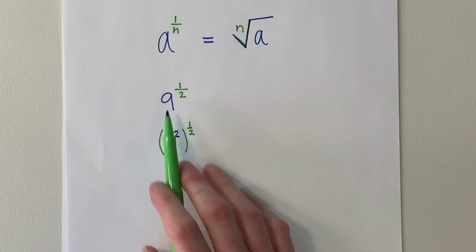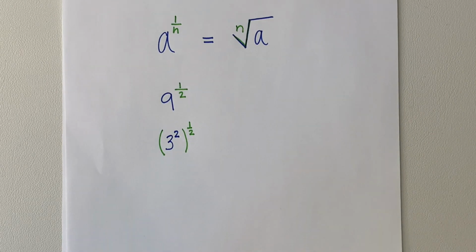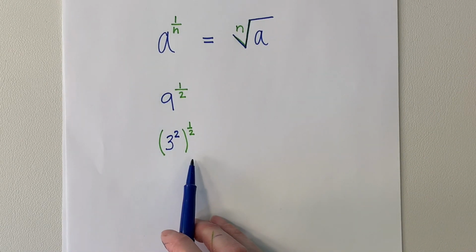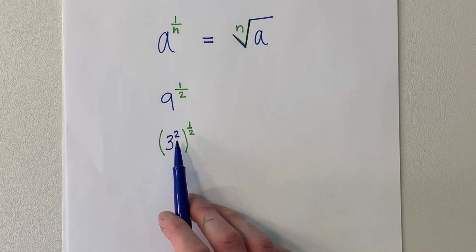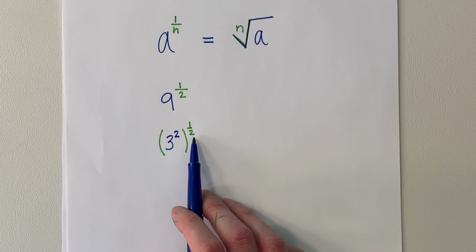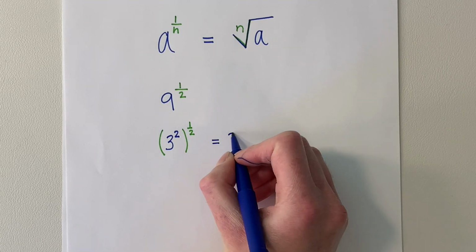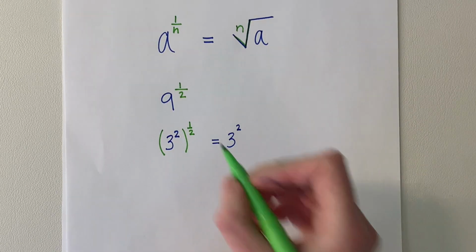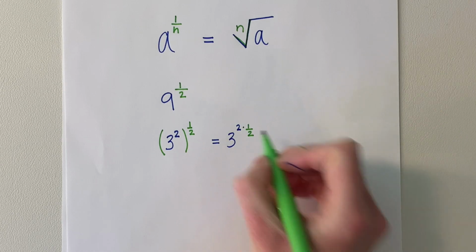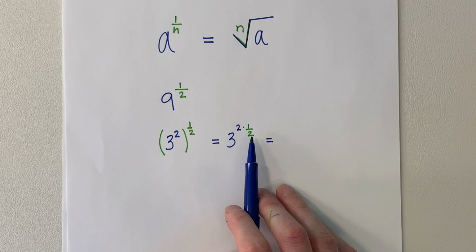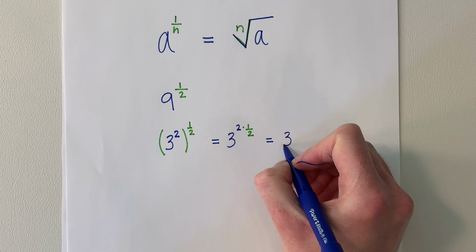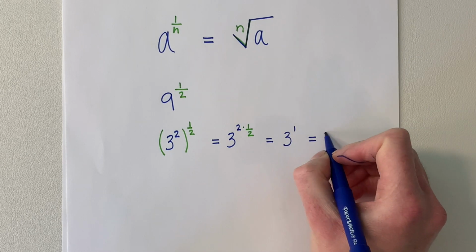These are equivalent since 9 is equal to 3 squared. But when we rewrite the problem like this, we can suddenly solve it because we know our rules of exponents. When you raise an exponent to an exponent, you multiply. So this would be equal to 3 to the 2 times 1/2. And 2 times 1/2 gives us 1. So this would be equal to 3 to the 1, or in other words, 3.